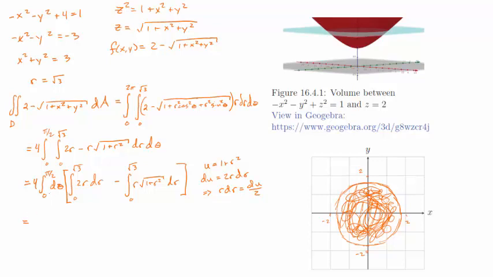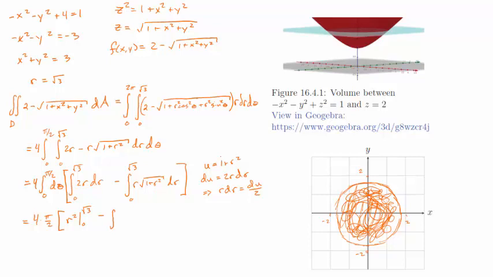This integral is going to give me 4 times pi over 2. And that's the same thing we would have gotten if we would have done from 0 to 2 pi, just would have given us 2 pi. Here we get r squared evaluated from 0 to the square root of 3 minus, my bounds now are going to be u bounds.